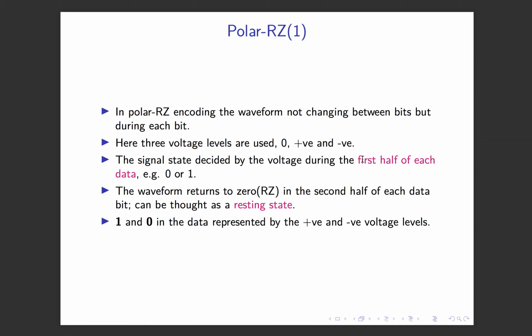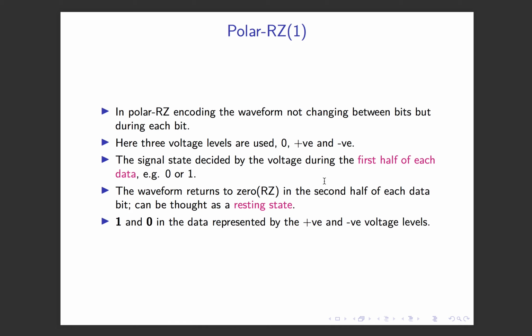In the RZ scheme, only the first half of the bit period represents the data, and the next half is a transition towards 0, and after that it goes either below the 0 line or above the 0 line, depending upon whatever bits we are encountering.